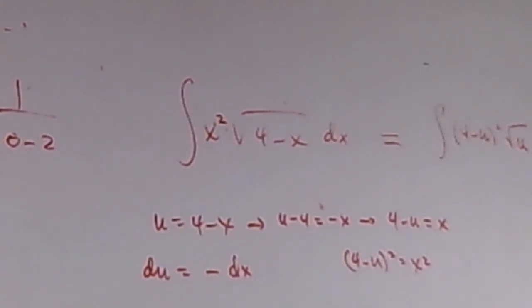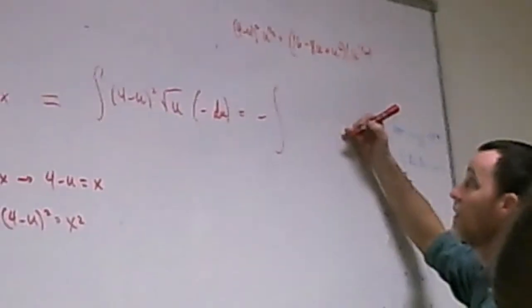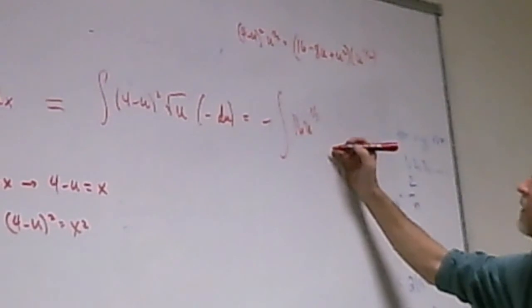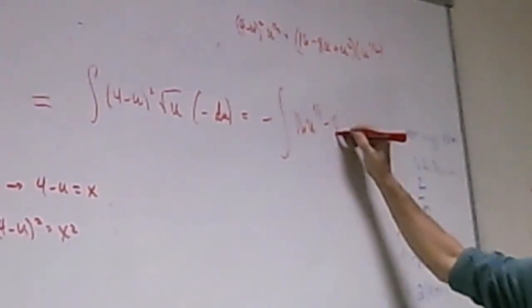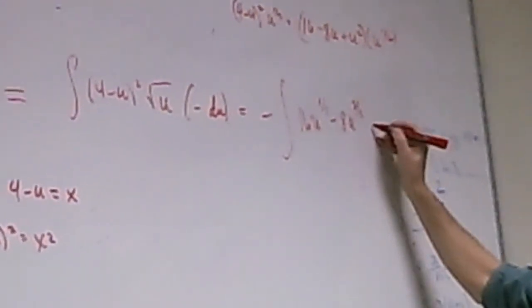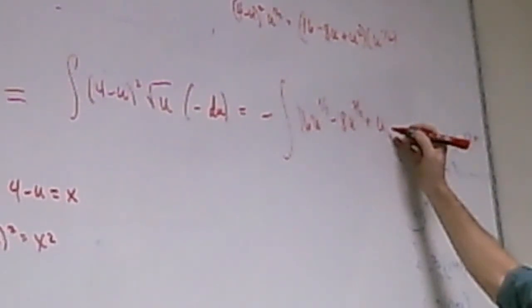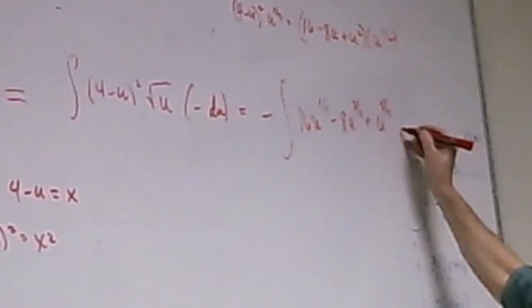So do the algebra up here: (4 minus u) squared times u to the 1/2 is 16 minus 8u plus u squared, times u to the 1/2. So down here I have 16u to the 1/2 minus 8u to the 3/2 plus u to the 5/2 du, which you can do.